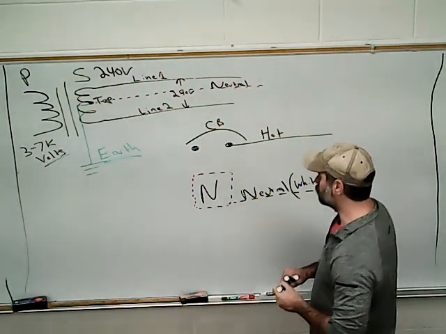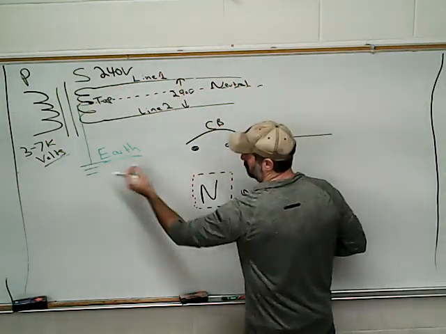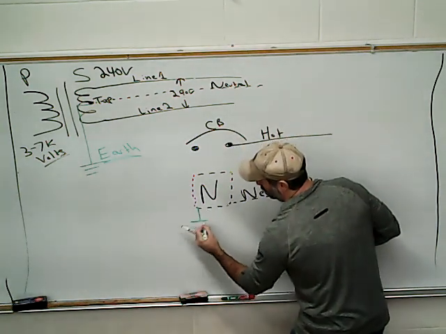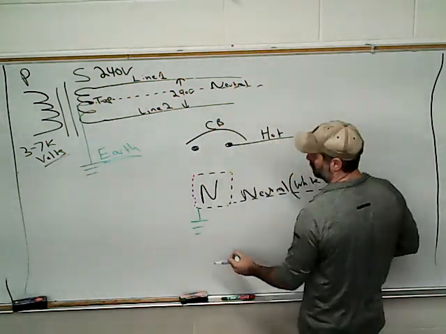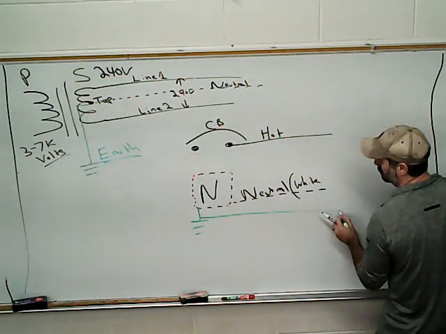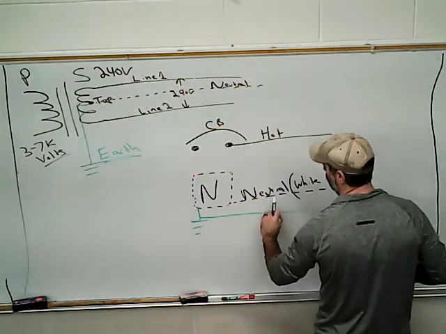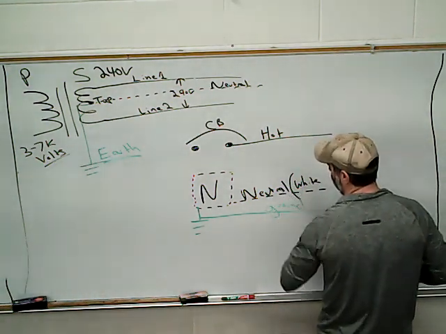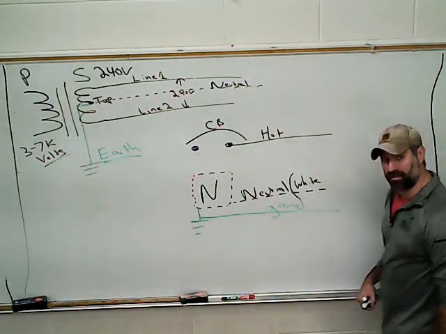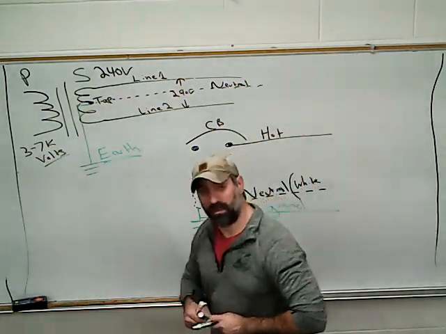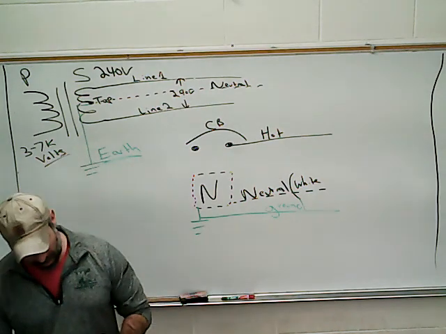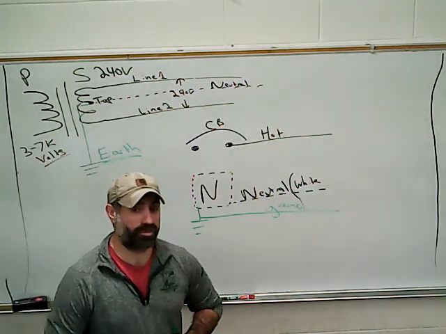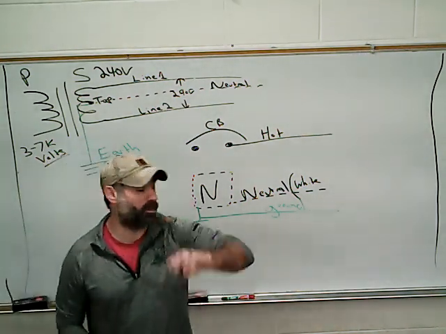And off of that neutral, we will find the same theory there, that it is still bonded or connected to the earth, and that will provide our ground. So in your house, on a typical small appliance circuit, or any circuit that is 120 volts, you've got 3 wires to deal with.